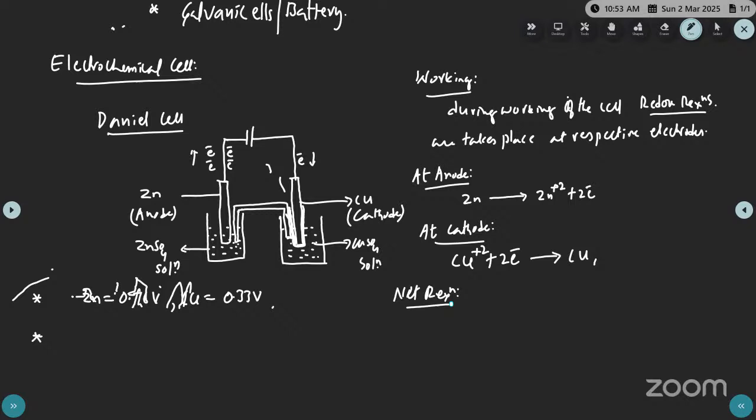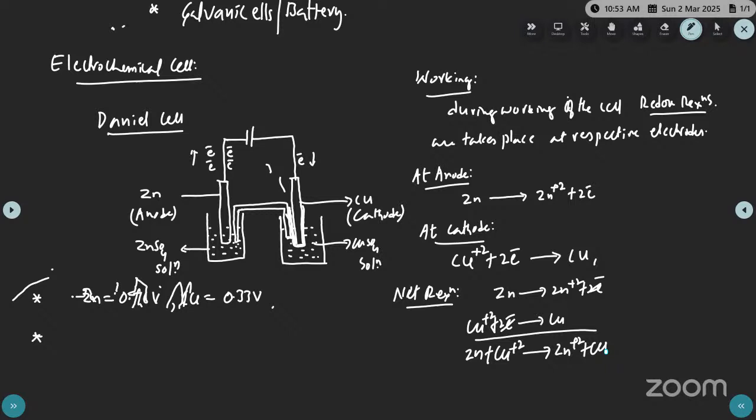Net reaction means adding the anodic and cathodic reactions. Zn gives Zn2+ plus 2 electrons, and the cathode reaction is Cu2+ plus 2 electrons gives Cu. Common terms cancel, so the 2 electrons cancel, and remaining is Zn plus Cu2+ gives Zn2+ plus Cu.